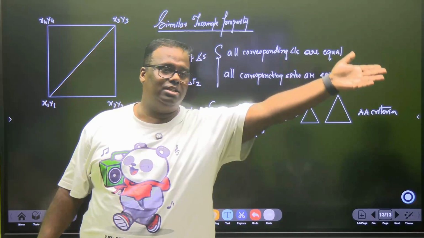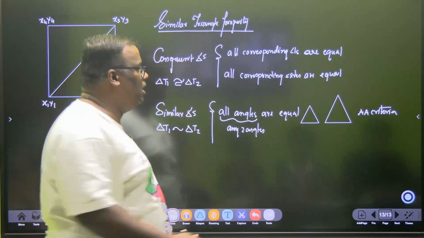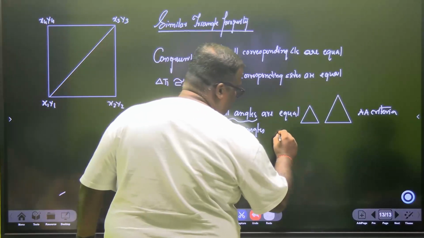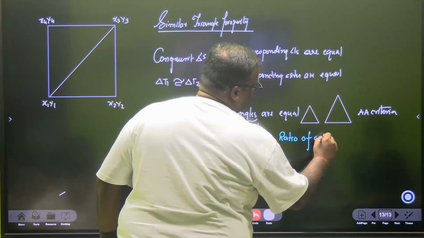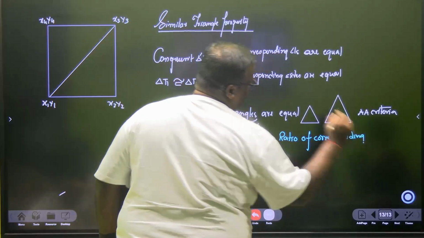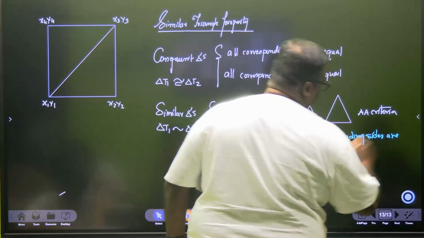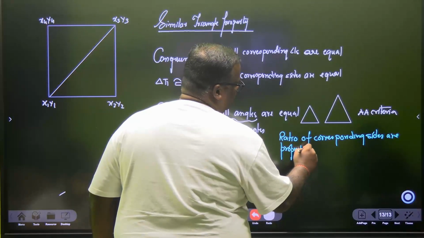So if your hand is 13, here your hand has to be 26. In similar triangles, what we will be using in this chapter is that the ratio of corresponding sides are proportional. Nothing great.